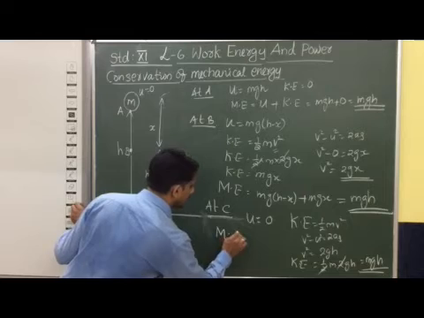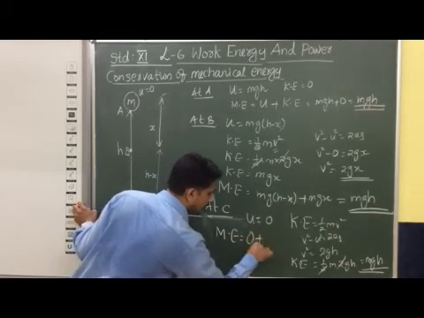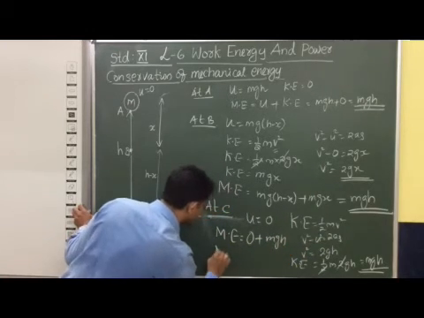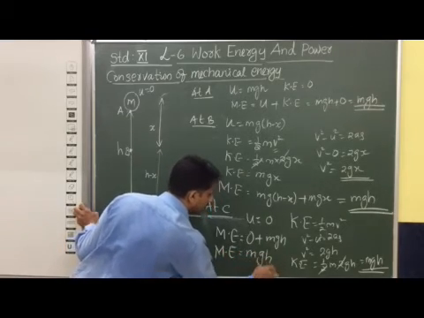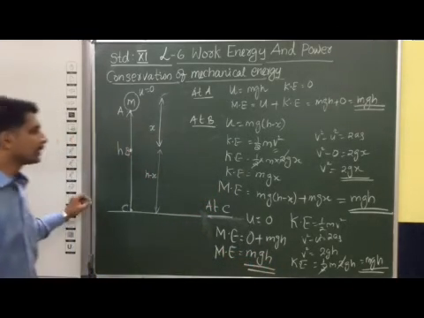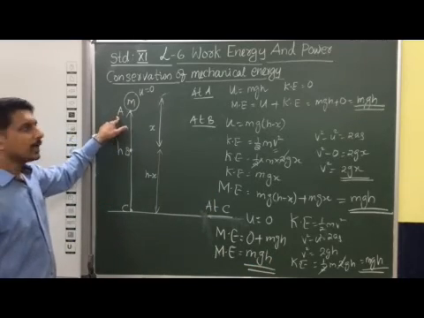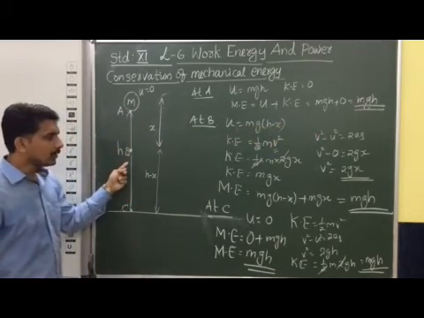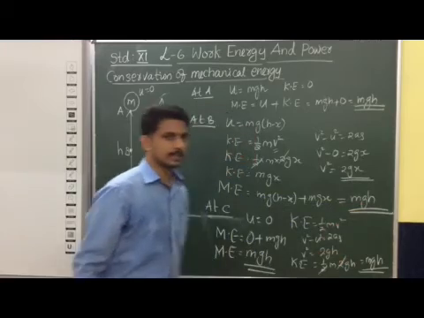So the mechanical energy, the sum of potential energy and kinetic energy, is mgh again at point C. At point A the mechanical energy is mgh. At point B the total energy, that means the mechanical energy, is also mgh.